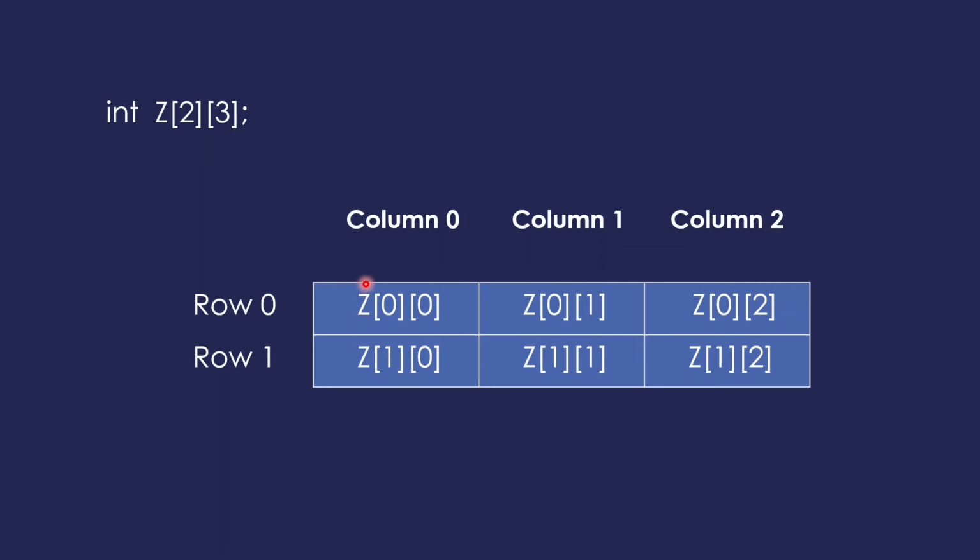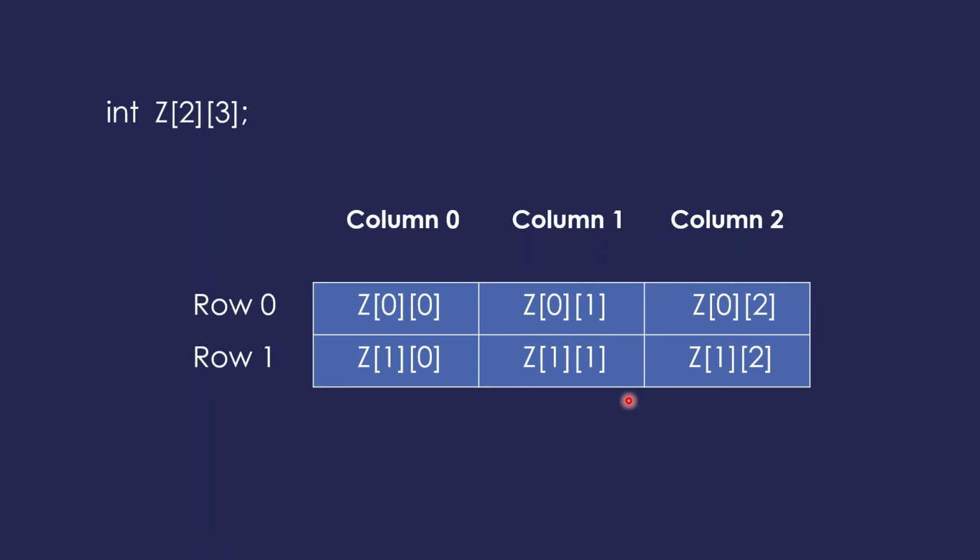When accessing elements in the array, we use the same principle we used in 1D arrays. The only difference is that it has two indices, rows and columns. The first square bracket denotes the rows and the second square bracket denotes the columns. Here we can access Z[0][0], as 0 is the row index and 0 is the column index.